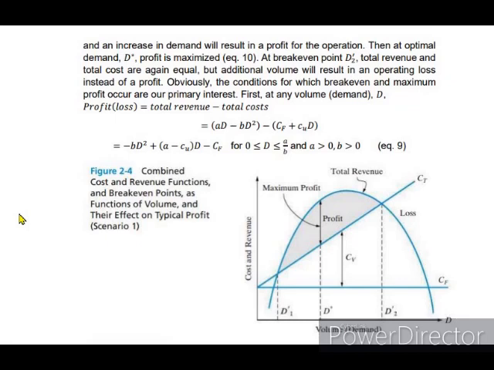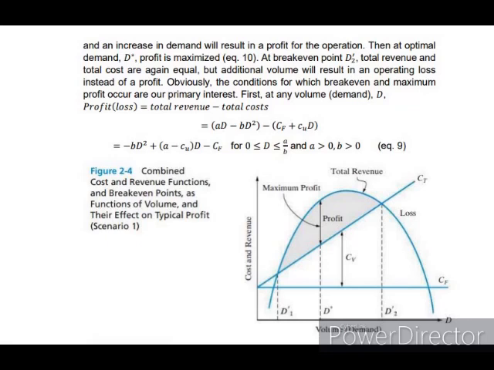So obviously, the conditions for which the break-even and maximum profit occur are our primary interest because that's what we want to find out. So first, at any volume demand D, profit or loss is equal to total revenue minus total cost. So it will be a loss if the total cost is greater than the total revenue.